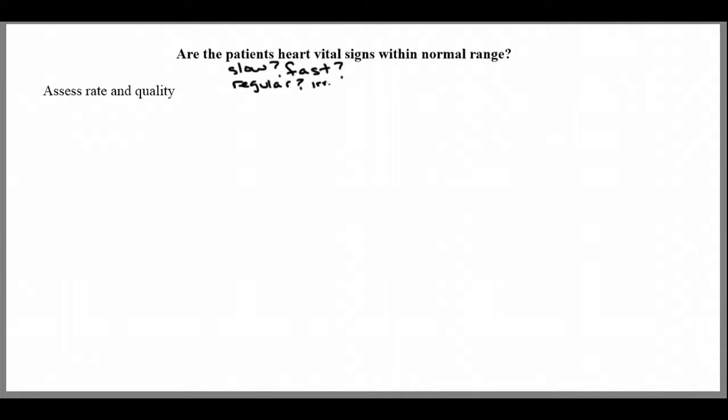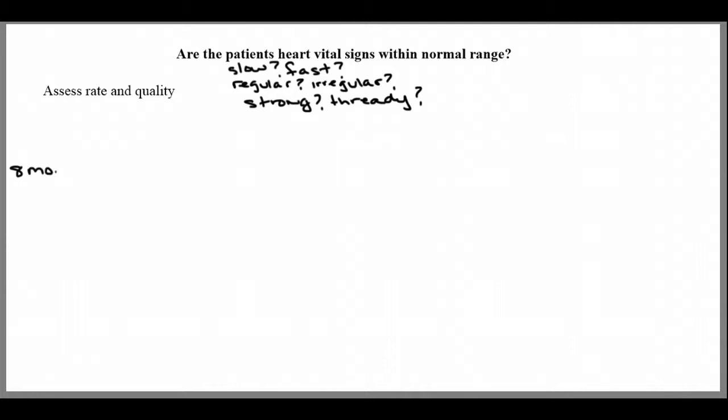Is the rhythm irregular? Is the force strong? Or is it thready, which means weak and thin? So I'm going to go over some examples, but I'm only going to cover the heart rate.